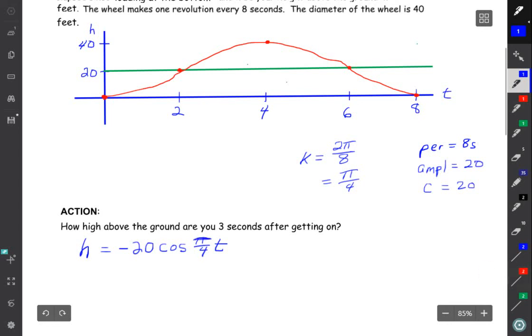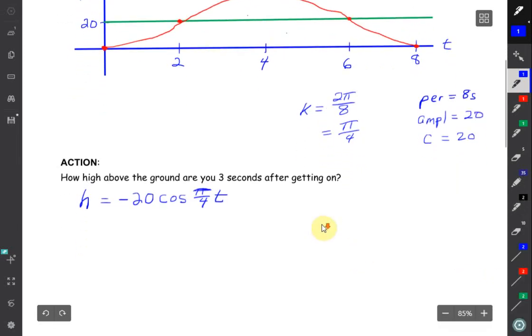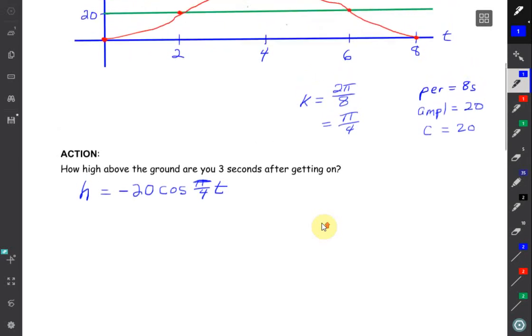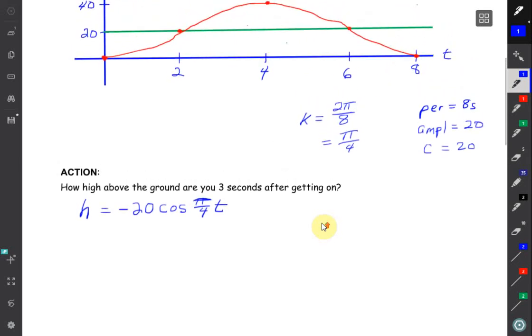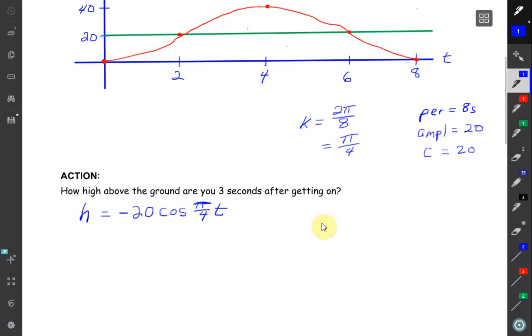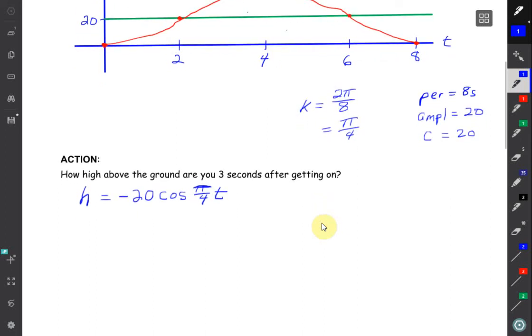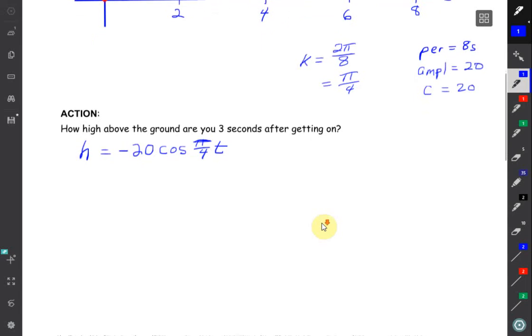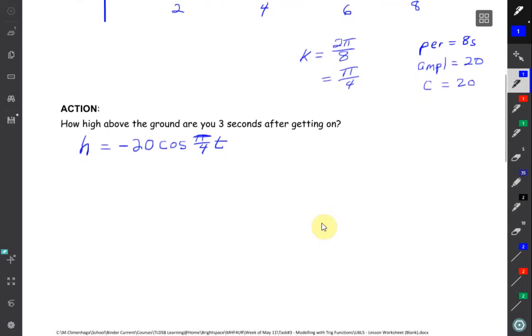Now at this point, all we have to do is put the 3 in there and calculate how high the person was after 3 seconds.